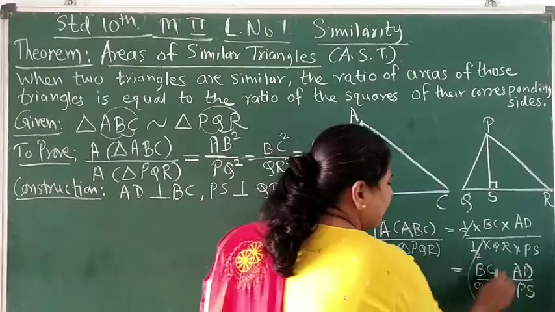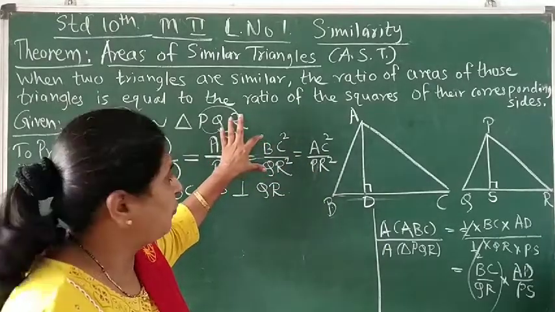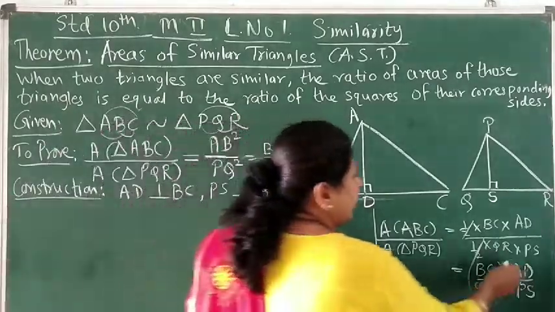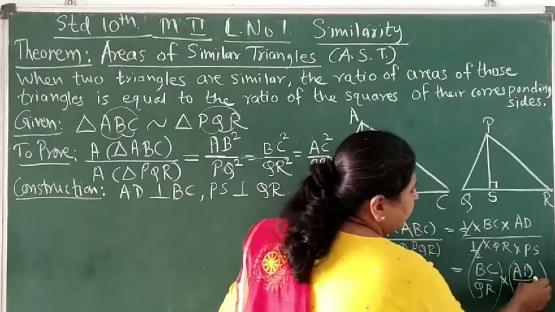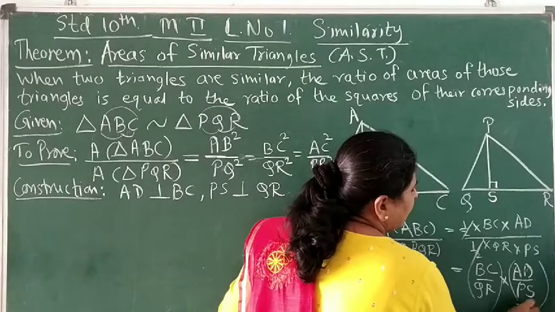So here we are getting one BC upon QR, but we don't want only BC and QR, we want its square. So we have to see, can we replace this AD upon PS by BC upon QR?